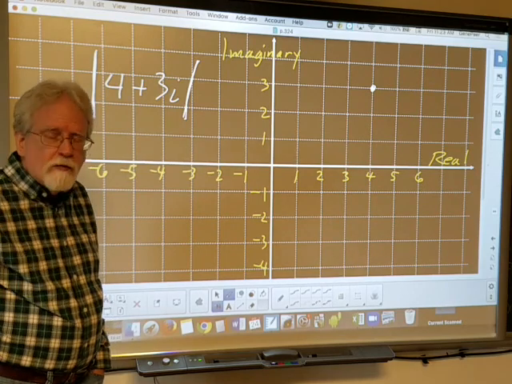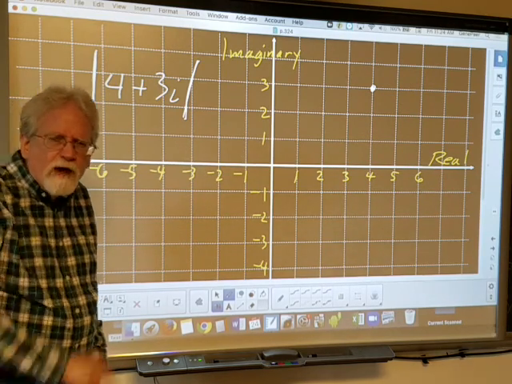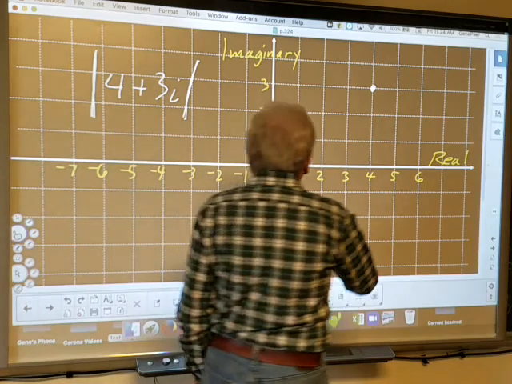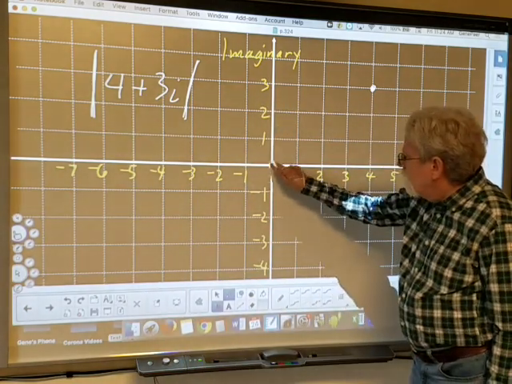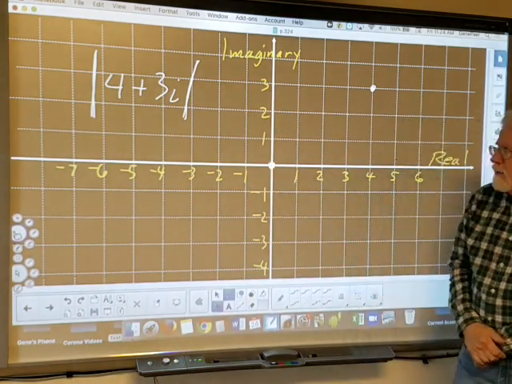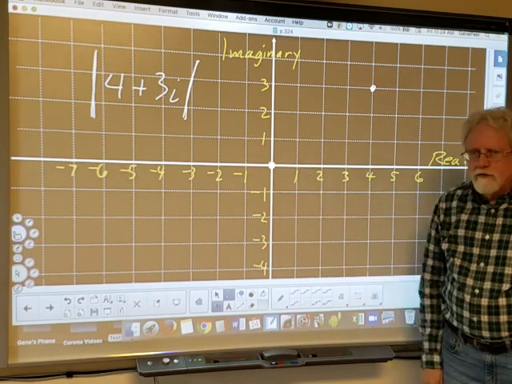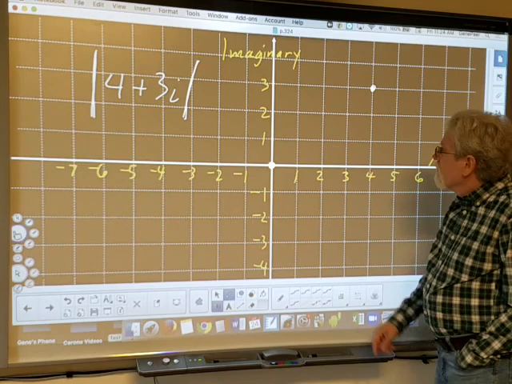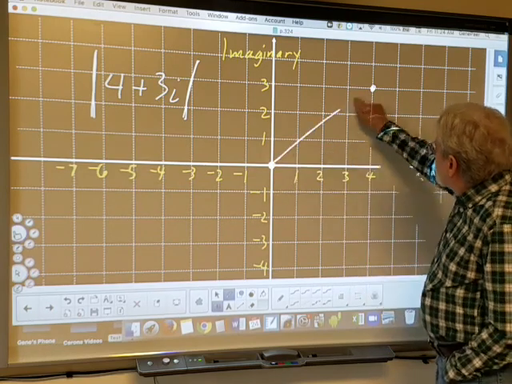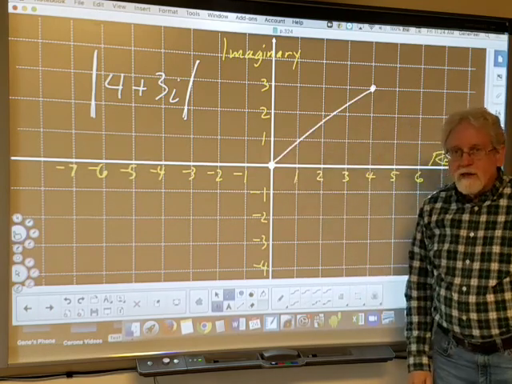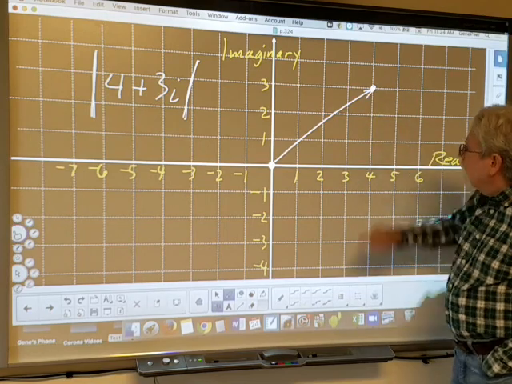Pay close attention to this. Absolute value still means distance from 0. There is 0 in the complex plane. 0 plus 0i. Right there, 0. We want this distance. Okay, want to make it into a vector? Be consistent here.